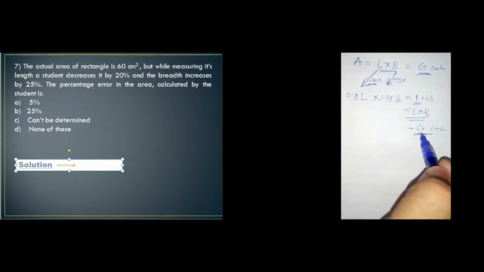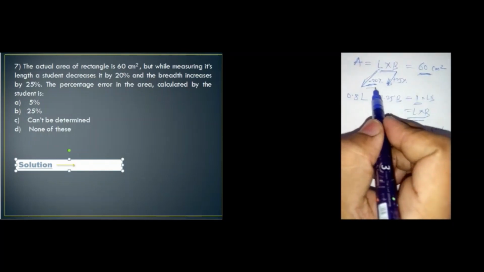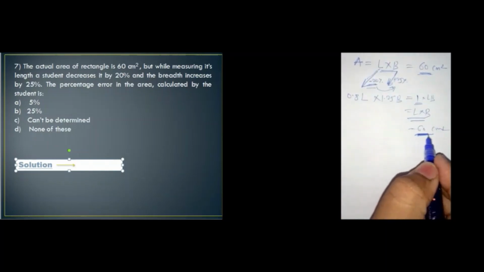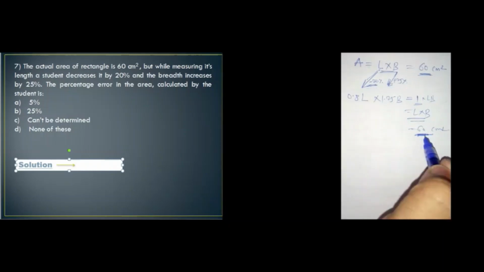So the total area is unchanged, and there is no change in the area of the rectangle. So the percentage change option is not available in the given options. So option D, that is none of these, is the correct option for this question.